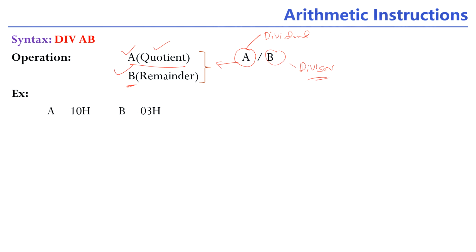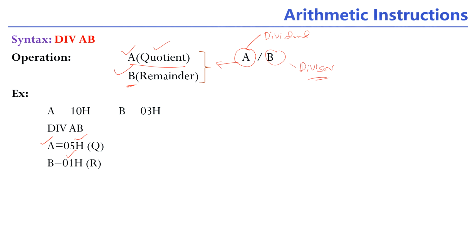Let us see one example here. A is having 10H, B is having 03H. After the DIV AB instruction, the quotient is 5, which is placed in A register. The remainder is 1, which is placed in B register.